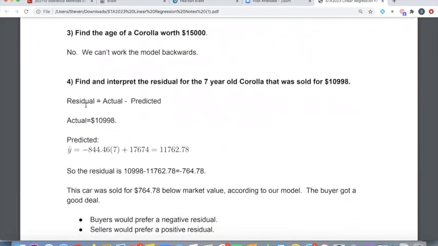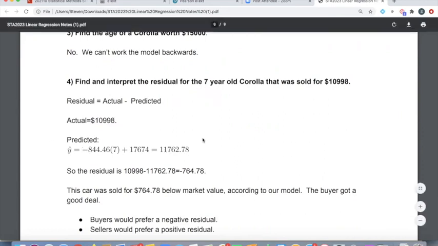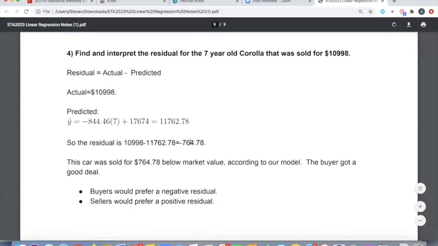So residual, you want to write this formula down as actual minus predicted. The actual value, the one from the table, was 10,998. That's what the car lot had it listed at. If I plug 7 into my model, I get this value. Actual minus predicted gives me negative $764.